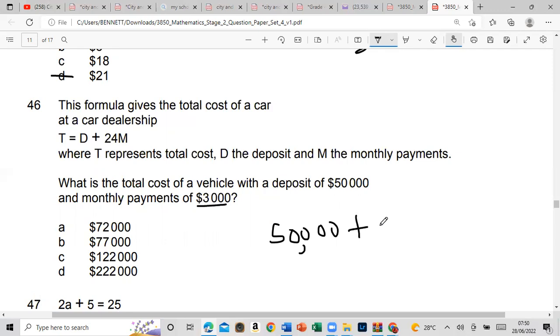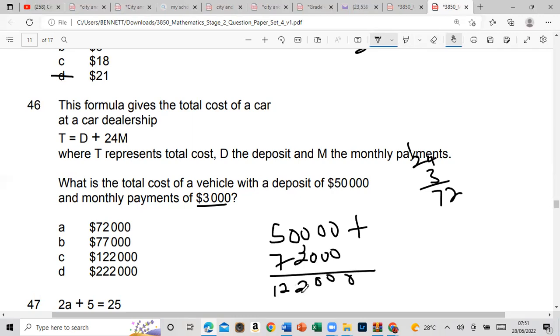So that's 24 times 3,000. Let's ignore the zeros, so let's multiply 24 times 3. 3 times 4 is 12, 3 times 2 is 6, and that's 7. That is 72. So that's 122,000.